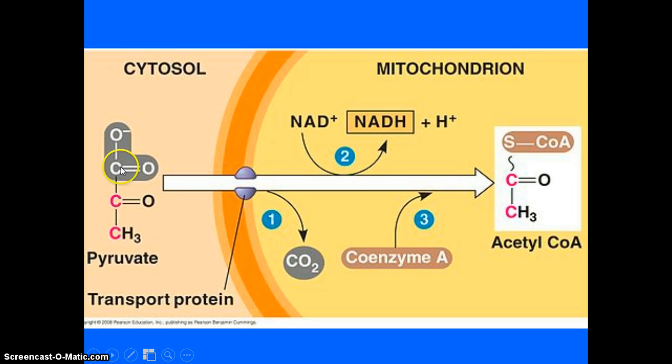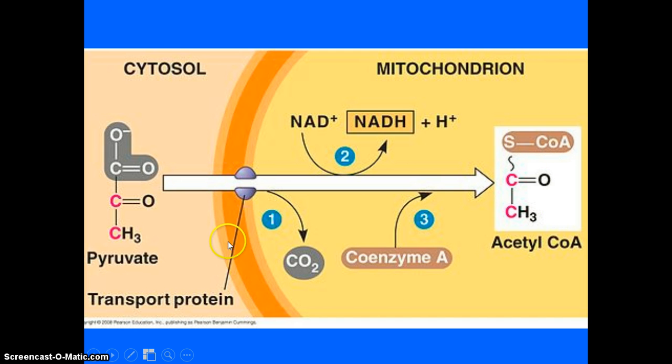So this whole group right here is given off. Then we have the reduction of NAD plus and the attachment of coenzyme A. These 2 C's here are part of the original glucose molecule. One of them has been given off as carbon dioxide. So we have 2 original carbons from the original glucose molecule with this acetyl group, and coenzyme A is attached to it.